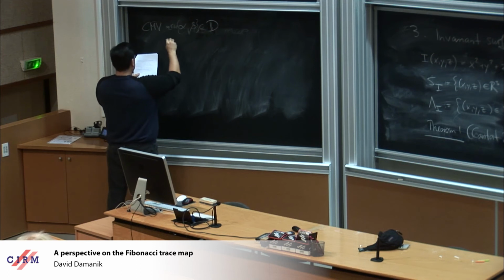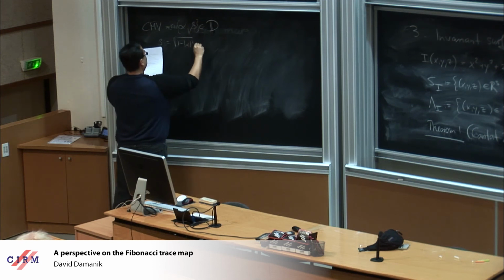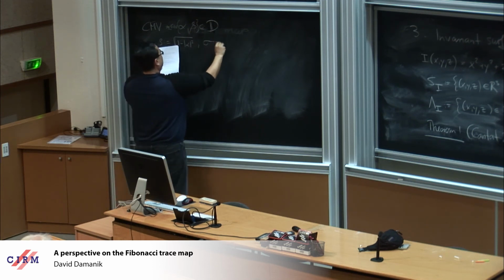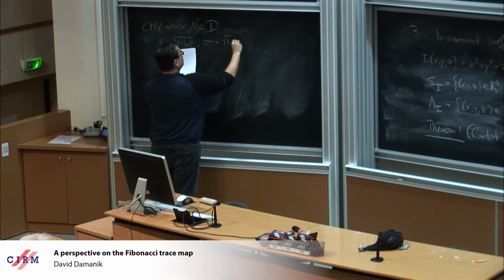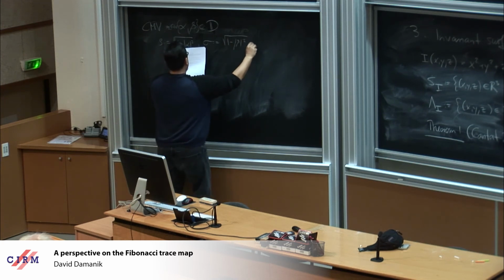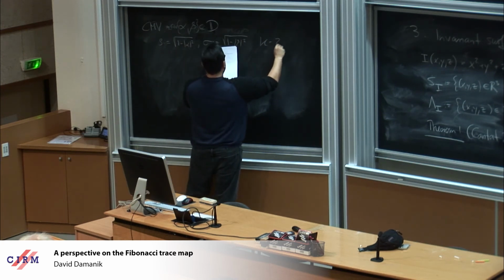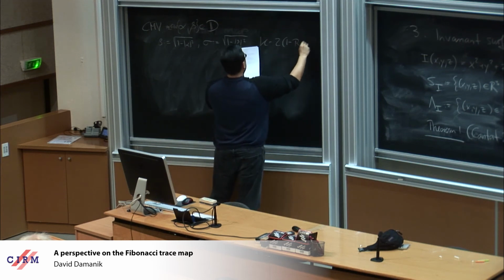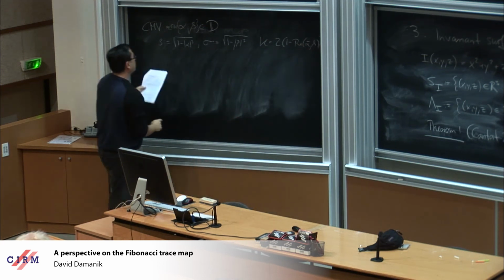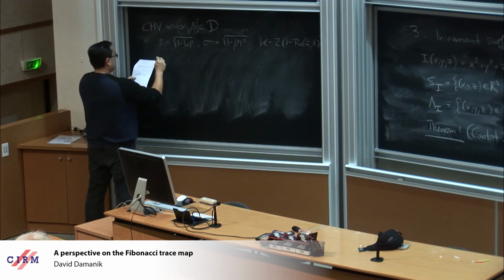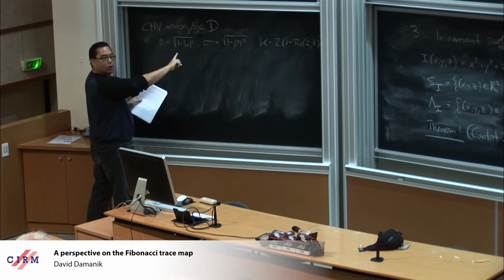And with rho, which is root of 1 minus alpha squared, and sigma, which is root of 1 minus beta squared, and k is 2, 1 minus real part of alpha conjugate beta. It doesn't matter, those are parameters now. Alpha is in the open unit disk.